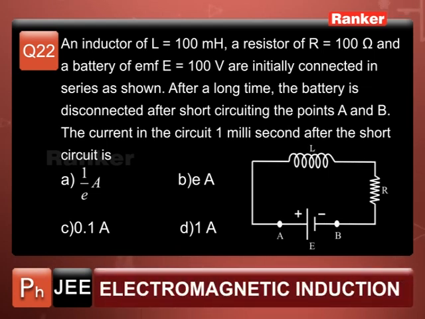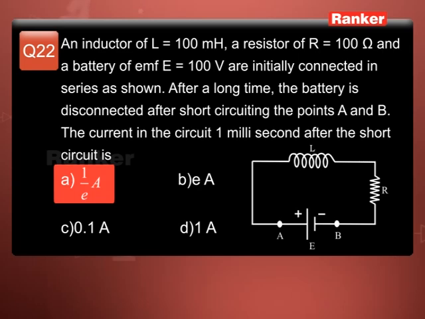So 4 options. First option is 1 over E ampere, second option is E ampere, third option is 0.1 ampere, and fourth option is 1 ampere. The correct answer for this one is the very first option, which is 1 over E ampere.